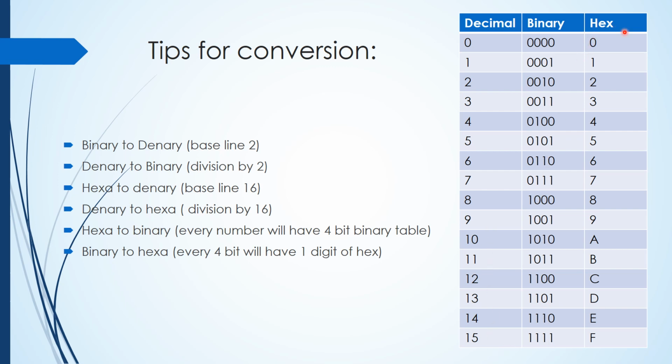And we know that hex is represented in 4-bit binary. So 0 is 0000, 4 times 0. 1 is just 1.